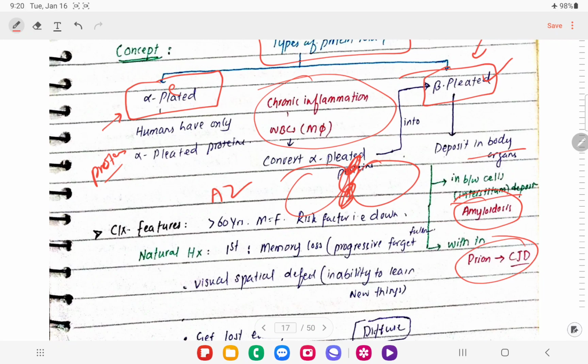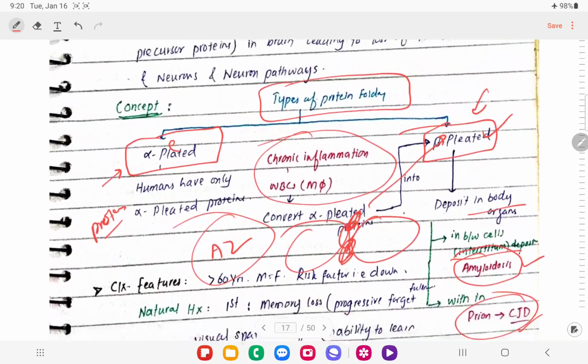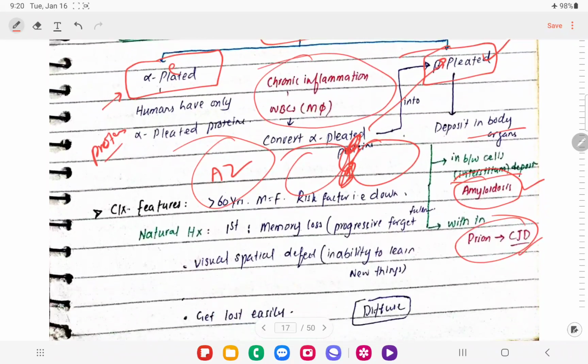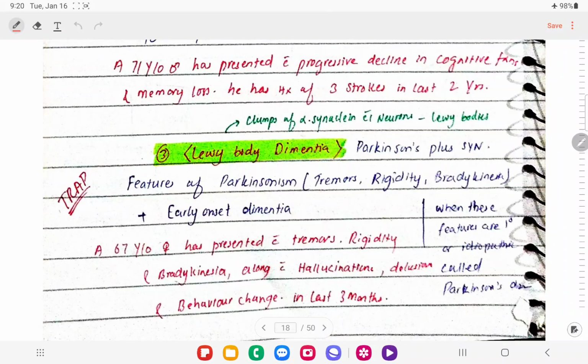Like from WBCs, they convert this alpha pleated form into the beta pleated form. So that's how we can get Alzheimer disease, amyloidosis, and CJD, right? So this was a little concept on beta pleated protein formation.